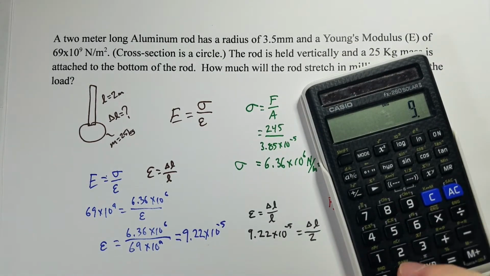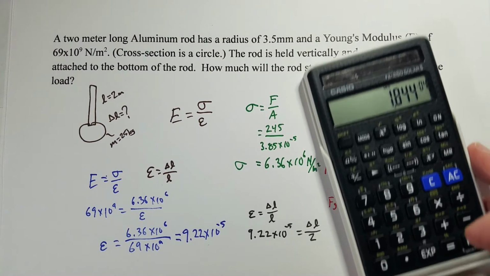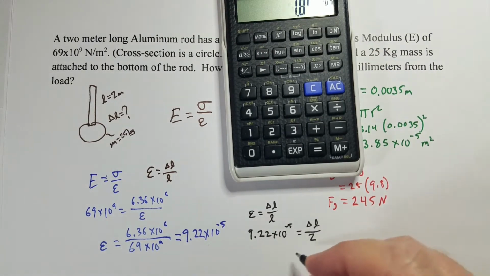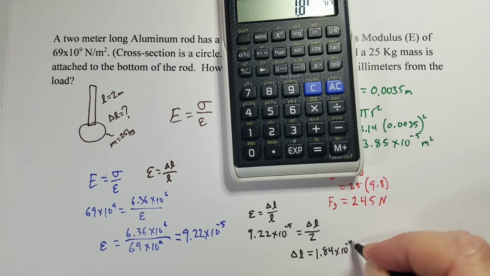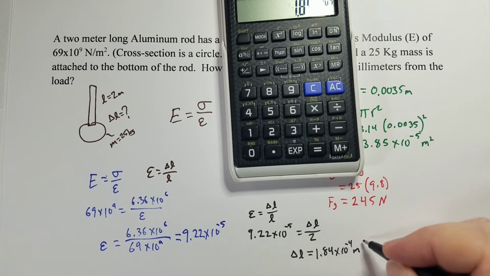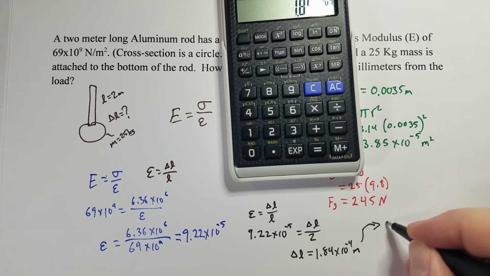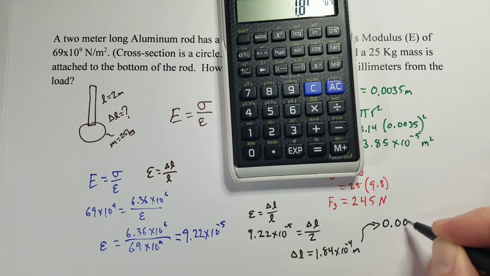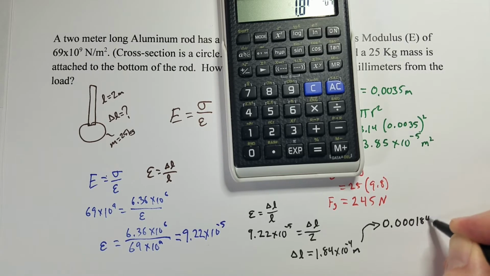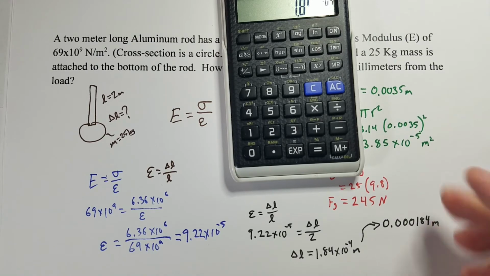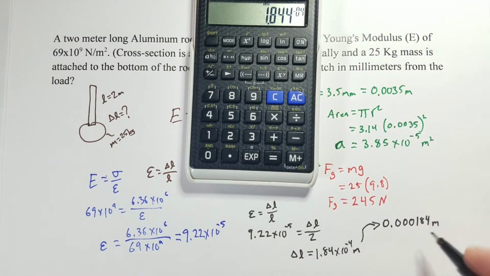So 9.22 times 10 to the minus 5 times 2 gives me a change in length of 1.84 times 10 to the minus 4, and that's in meters. Well, if I rewrite that, take it out of scientific notation, I get 0.000184 meters. But I wanted the answer in millimeters. So I moved the decimal place over. So the change in length is 0.18 millimeters.